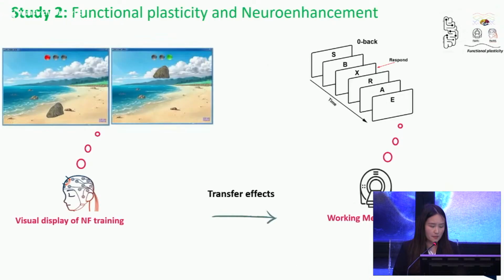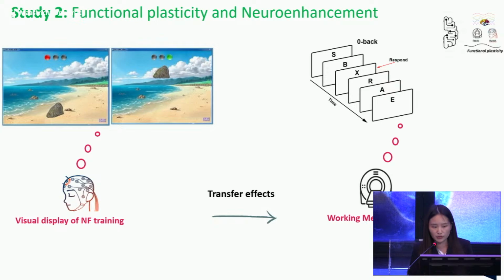Compared to fMRI neurofeedback training, fNIRS neurofeedback training is cost-efficient and practical, even though it can only detect surface area brain activity. So in the second study, we want to know if healthy participants can learn to upregulate cortical DLPFC activity by fNIRS neurofeedback training.